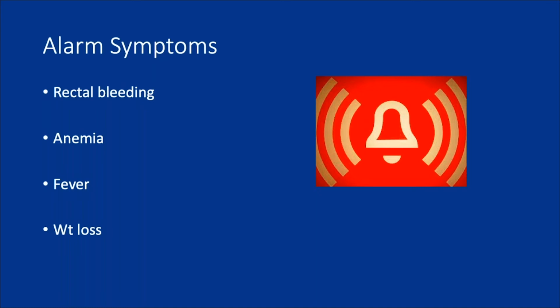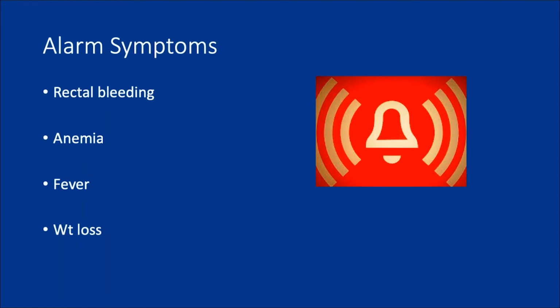So for instance, I often get this kind of question. A younger individual with a screening colonoscopy, let's say age 55, screening colonoscopy 2 years ago, and now has a drop of blood in the stool 2 years later. Should another colonoscopy be undertaken? Well, alarm symptoms include rectal bleeding, anemia, fever, and weight loss.